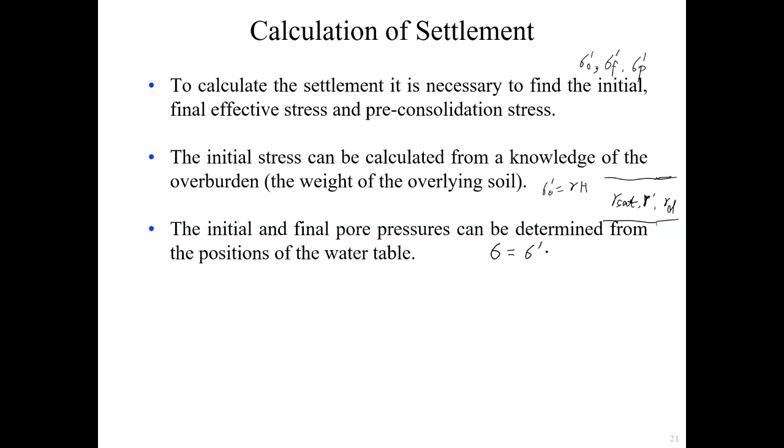Total stress equals effective vertical stress plus pore water pressure. Also, you need to find this effective vertical stress either for the initial, the final or the pre-consolidation stage. So if you know the total stress and the pore water pressure, you can just work it out backward.